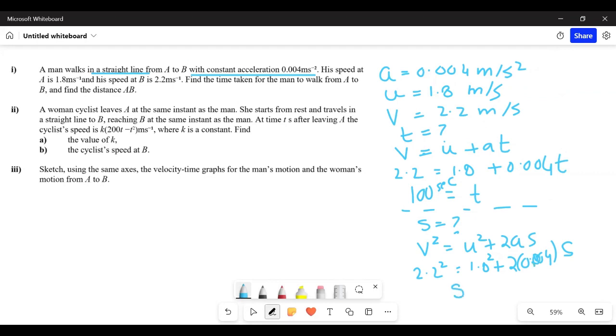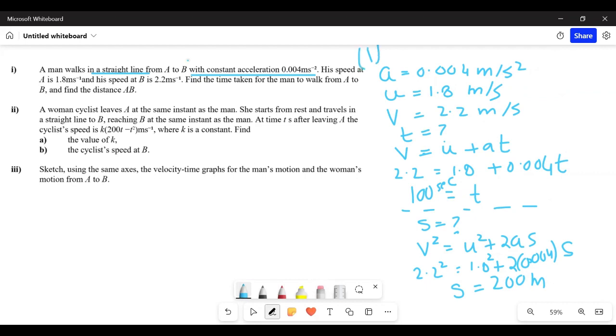Okay, this gives s equals 200 meters. Okay, part one is done. It was simply equations of motion.